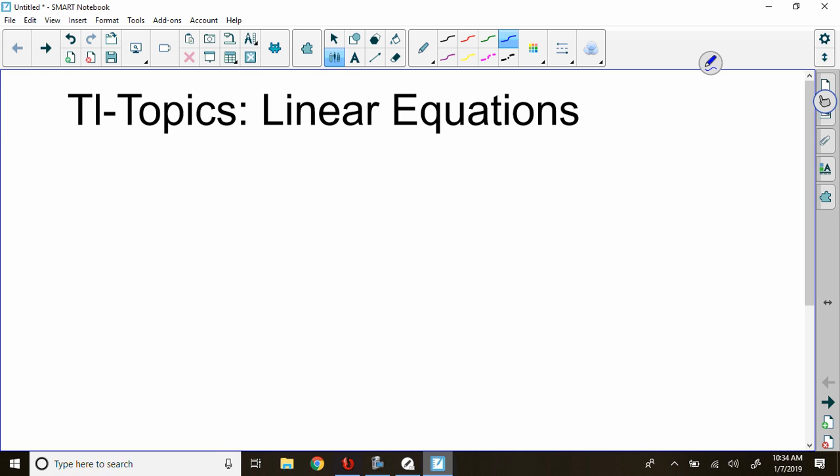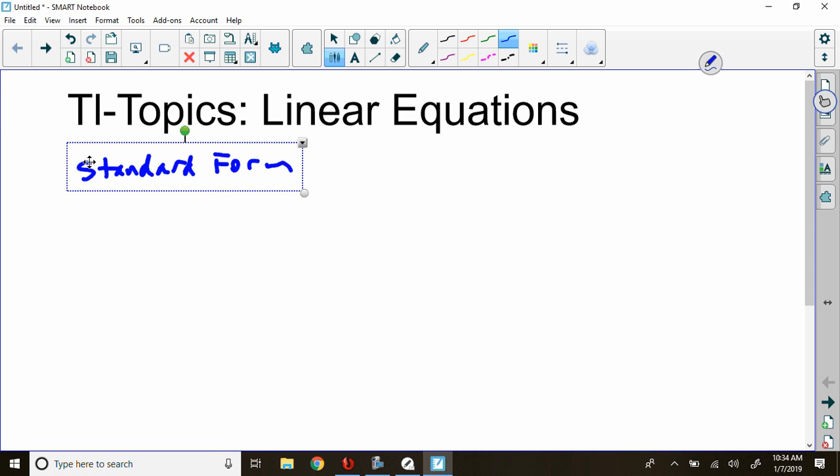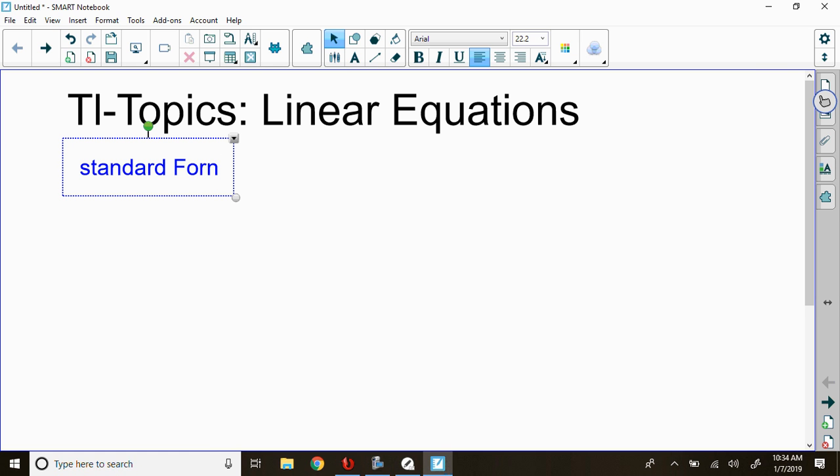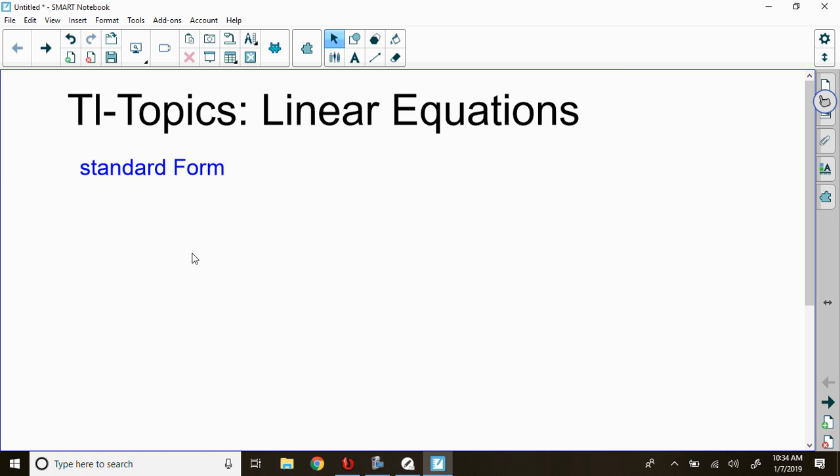We're going to be talking about lines, and with lines, there's standard form linear equations. Standard form linear equations look like this.